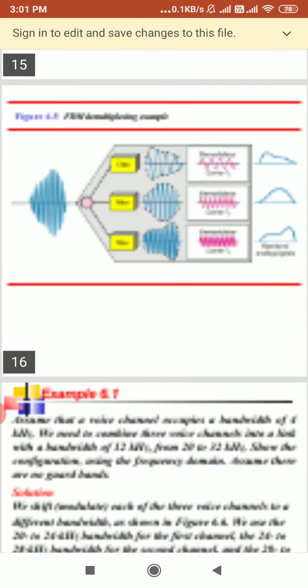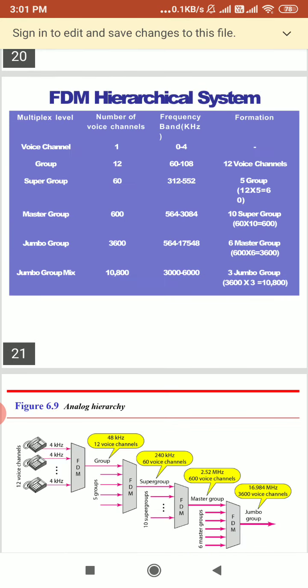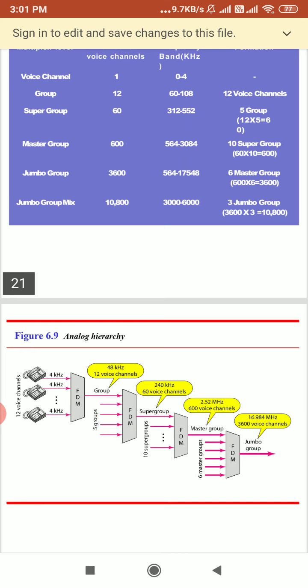FDM we have already seen. So there are two types of digital multiplexer. We have seen TDM, and in TDM we have seen synchronous and asynchronous.